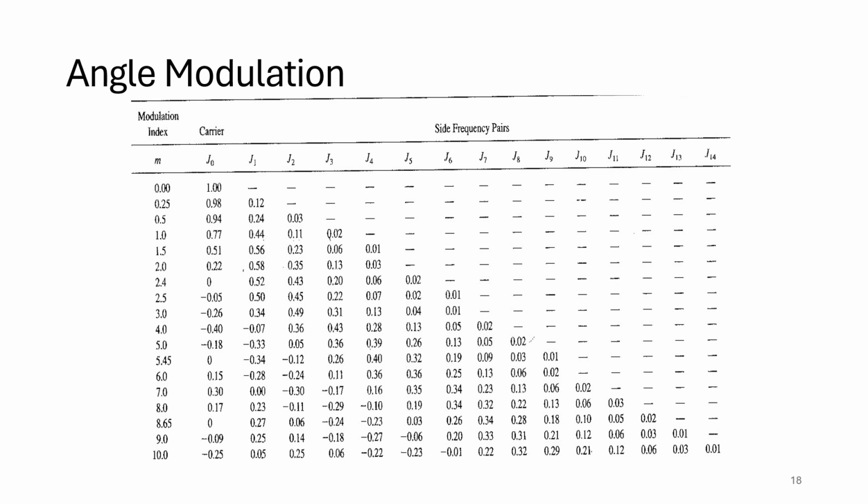The values of Jn are relative to the amplitude of the unmodulated carrier. We will usually use this table. This table can be given, or you are allowed to use it, because you will need it to find out how many significant pairs of sidebands you will have.